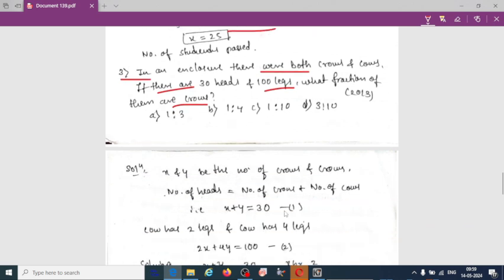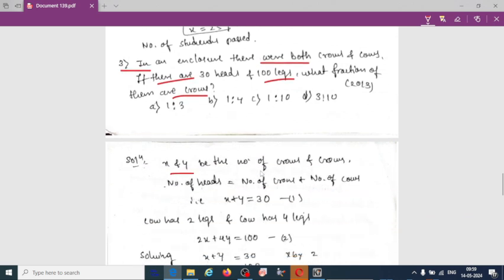So here, let us take x and y to be the number of cows and crows. The number of heads, if we consider including cows and crows, total how much? 30. So x plus y is equal to 30, the total number of animals, including cows and crows, because any animal has one head.